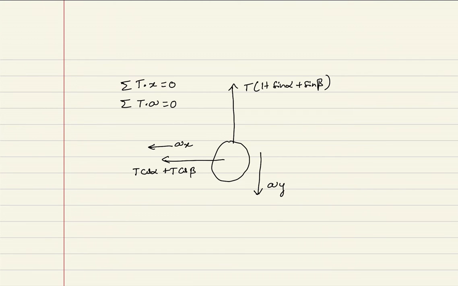So if I apply the tension constraint relation, T into (cos alpha plus cos beta) into ax cos 0 degrees plus again T into (1 plus sin alpha plus sin beta) into ay into cos 180 degrees is equal to 0.